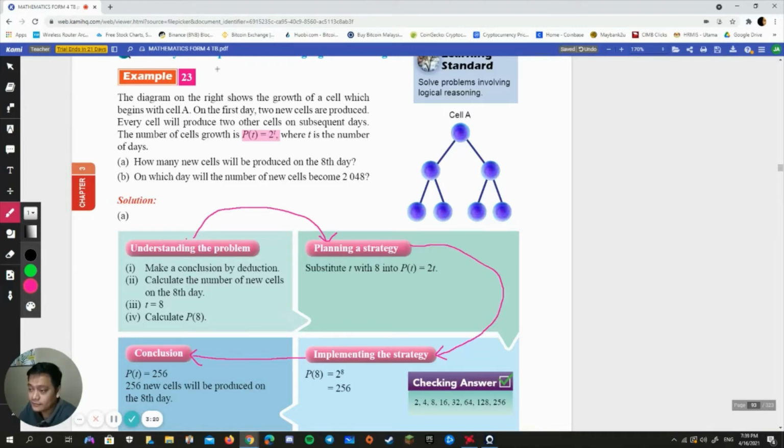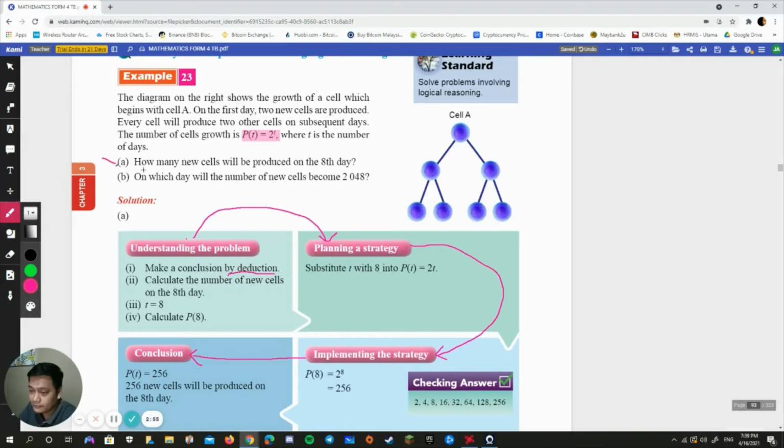You can see this question is to make a conclusion by deduction. What does it mean by a conclusion by deduction? You need to recall your prior knowledge. You can refer to your previous lesson, right? By deduction. And then calculate the number of new cells on the 8th day.